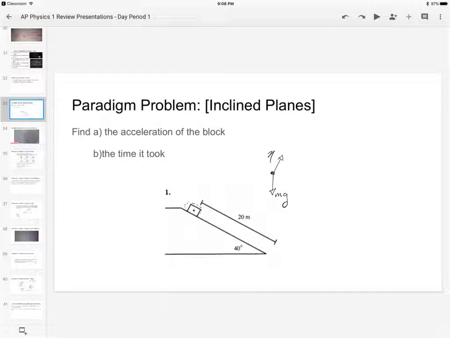Okay. And then if I draw a reference line for my surface, it would be in this direction. And I'll draw a horizontal reference line, and I'll draw a vertical reference line.